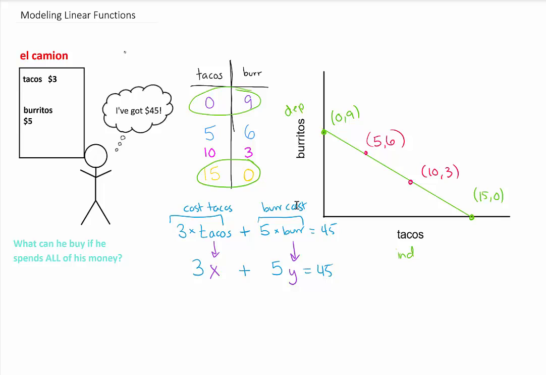So what that means is that in the table, you could put in 0 for x and 9 for y. You could put in 15 for x and 0 for y. You could put in 10 for x and 3 for y. And all of those would give you a total of $45. That is an equation in what we call standard form.